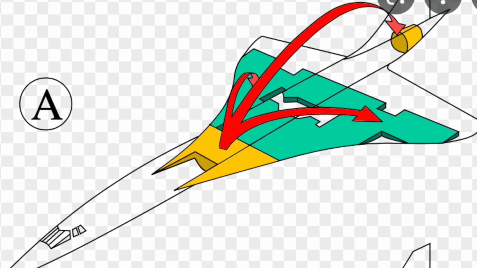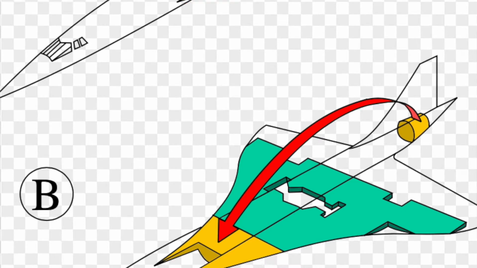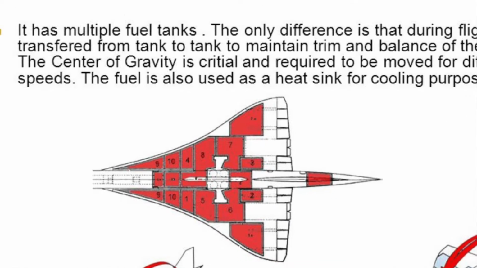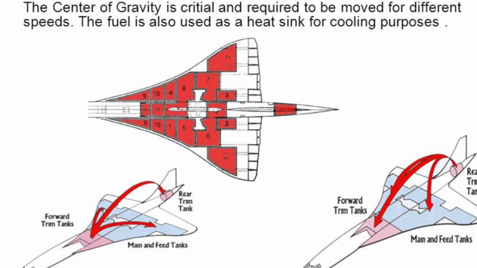They would actually, during the supersonic portions, transfer fuel from very aft tanks to forward tanks, back and forth, whatever was required to keep the airplane in trim. And then, of course, they had to put the fuel back in the original state for landing during subsonic flight during the recovery.